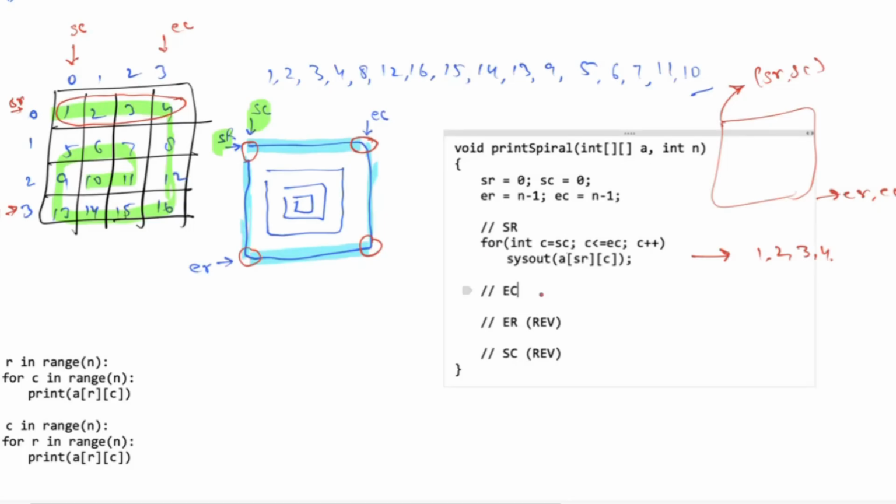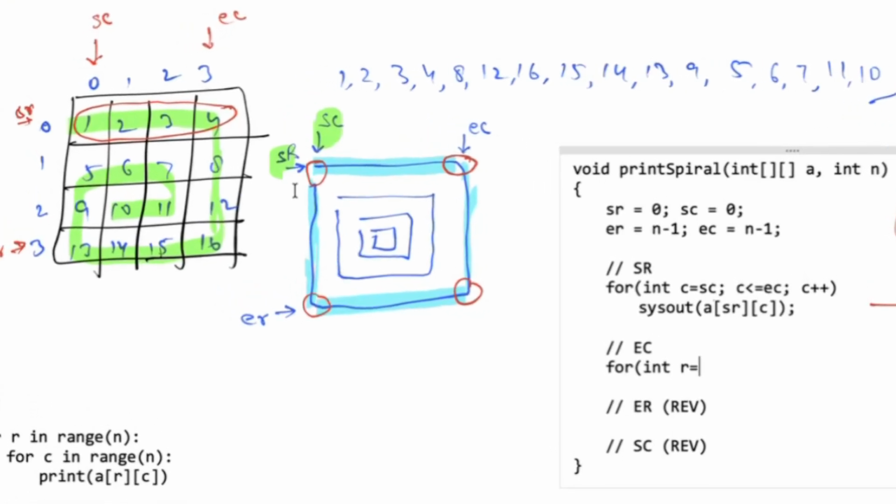Now we want to print the end column. For the end column, the column remains constant, right? But the row will change, right? So row should go from what value to what value? Starting row to end row, sir. If we go from starting row, then it will print 4 again.